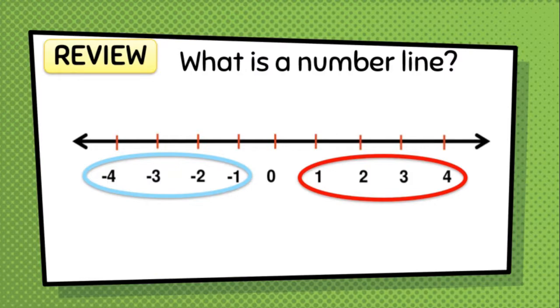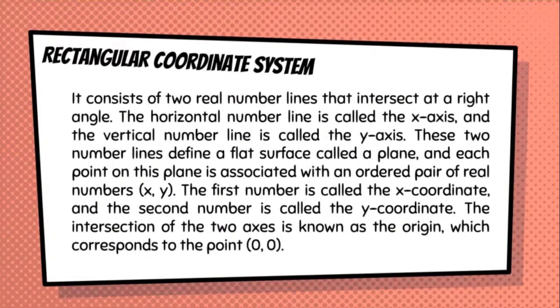Let us now have the rectangular coordinate system. It consists of two real number lines that intersect at a right angle. The horizontal number line is called the x-axis, and the vertical number line is called the y-axis.